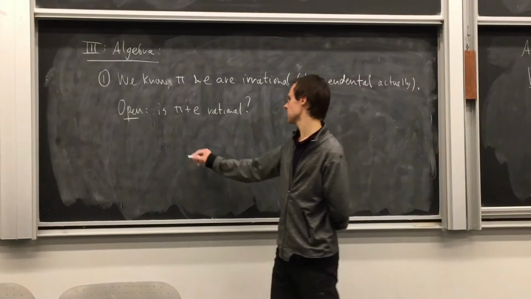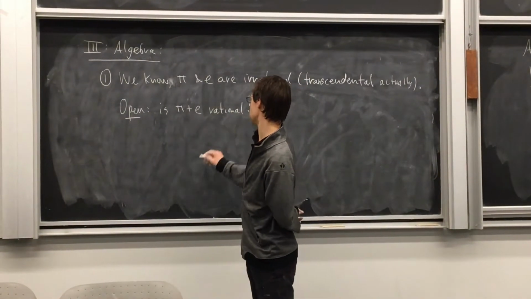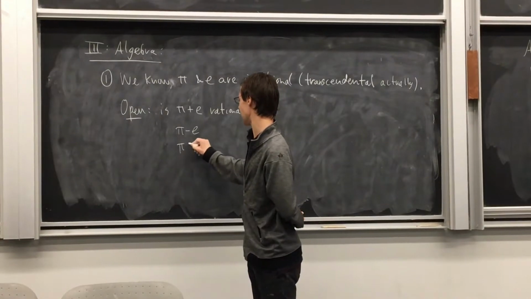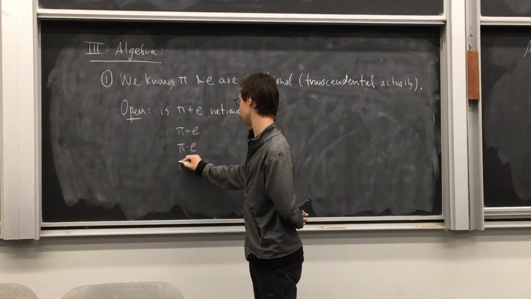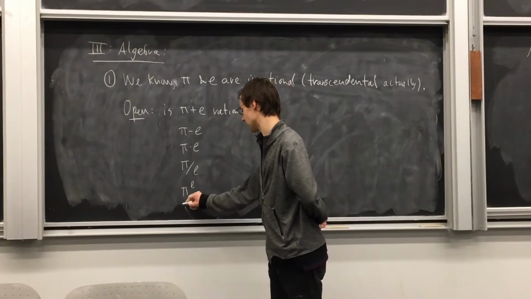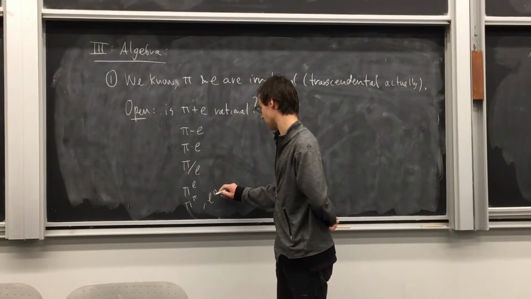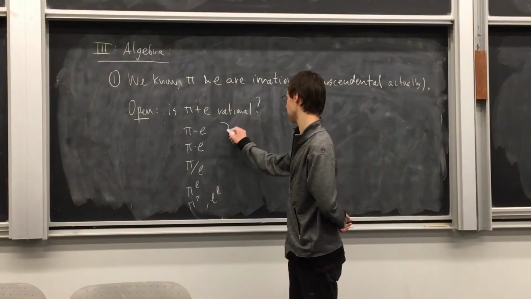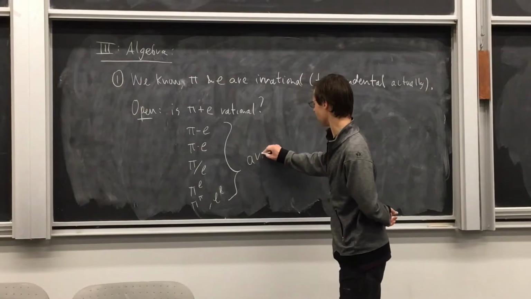Same thing with other things. Is pi plus e rational? Is pi minus e rational? Is pi times e rational? Is pi divided by e rational? Is pi to the exponent e rational? Or pi to the exponent pi? Or e to the exponent e? All of these we don't know. Okay? Are they rational?